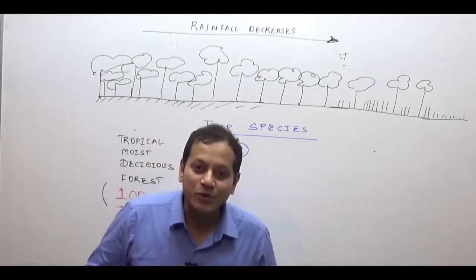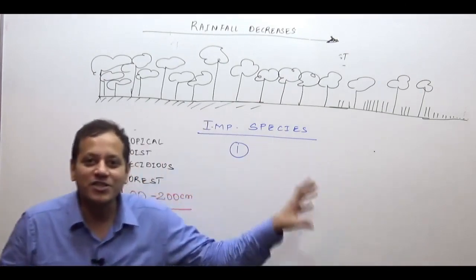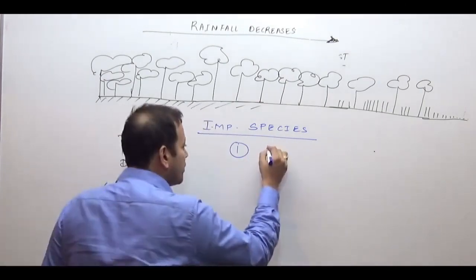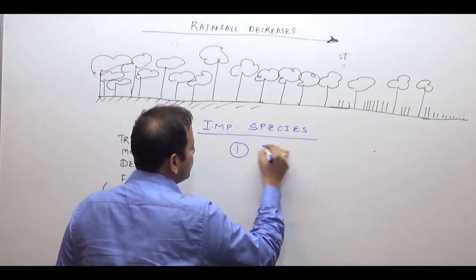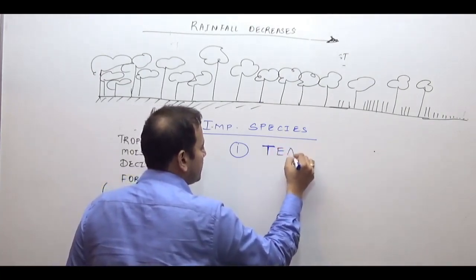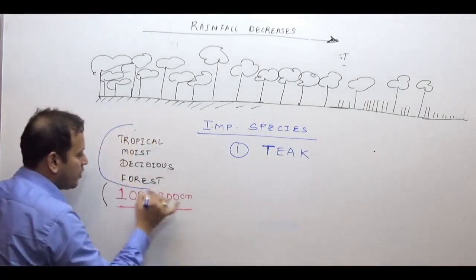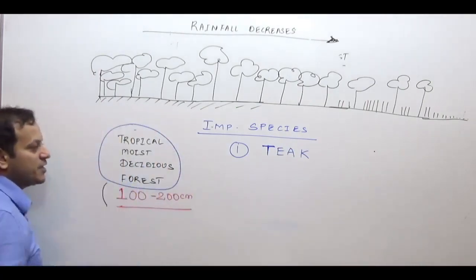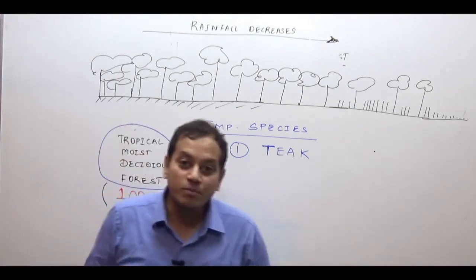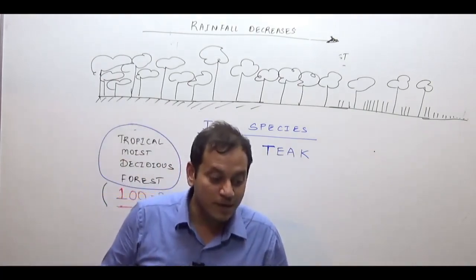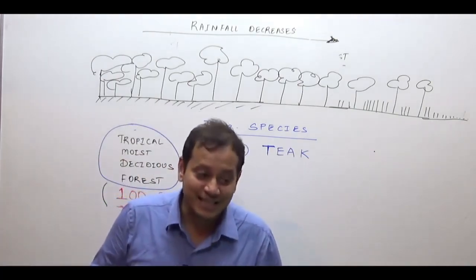Why is teak wood used? Teak wood is used for the construction industry. It is a versatile wood and it is the most important species of the tropical moist deciduous forest.